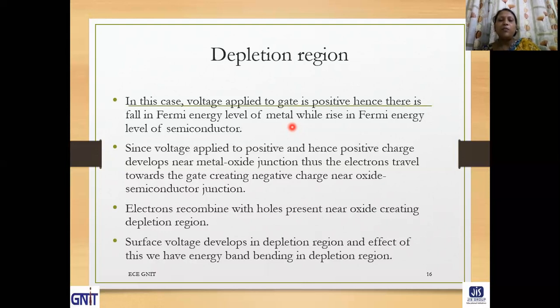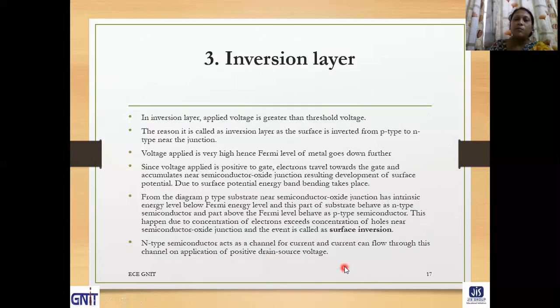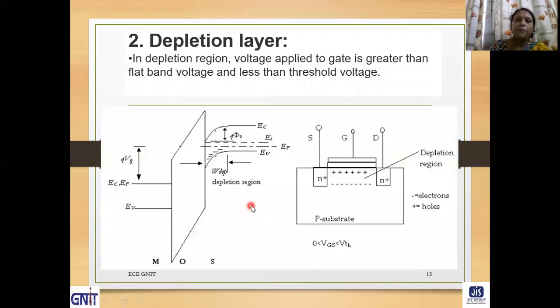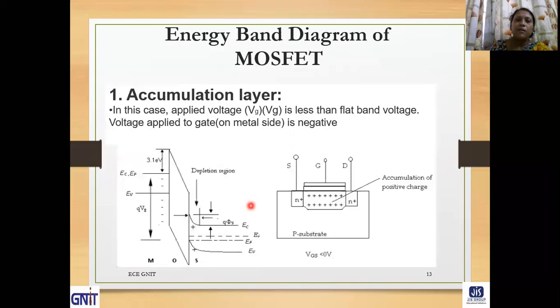Electrons recombine with holes present near oxide, creating depletion region. And the surface voltage develops in depletion region. As an effect of this, we have energy band bending in depletion region, that we can see in this diagram. Accumulation layer, we can see this band bending is there.